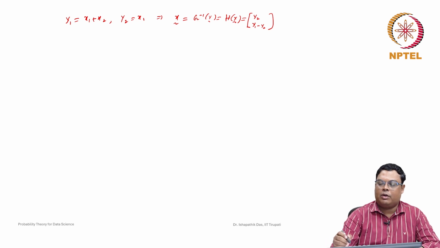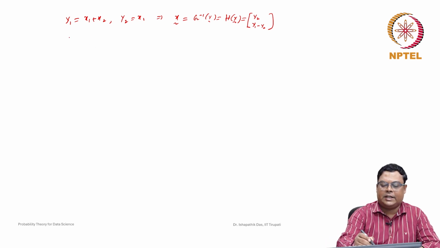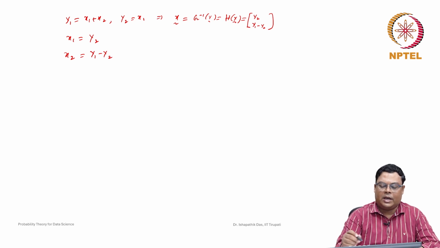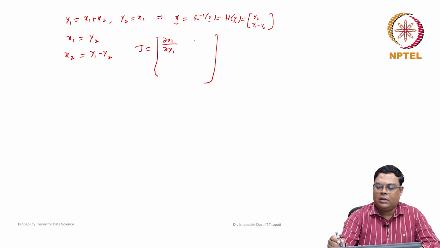Now we want to find the Jacobian. The inverse is x1 equal to y2 and x2 equal to y1 minus y2. The inverse exists, so we can find it. The Jacobian J is given by definition as the determinant of del x1 del y1, del x1 del y2, del x2 del y1, del x2 del y2.